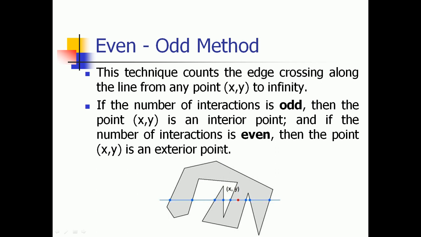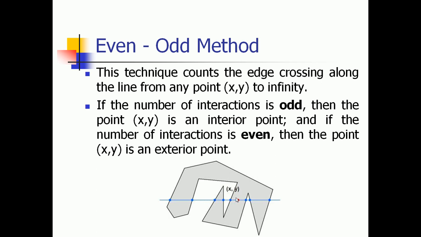In this algorithm we generally draw a line from any position P to a distant point outside the coordinate extents of the object and count the number of edges crossing along the line. If the number of polygon edges crossed by this line is odd, then P is an interior point, otherwise P is an exterior point.